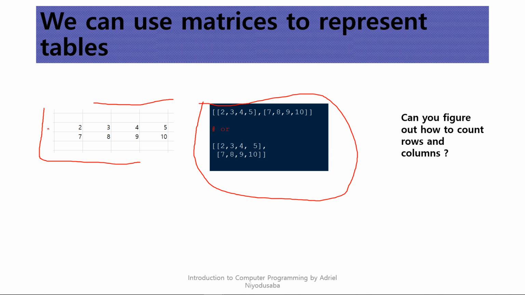Notice that we have two rows, and the rows are equivalent to sublists in our two-dimension list, and we have 4 columns: 1, 2, 3, and 4th column. These columns correspond to the items inside the sublist. So we have the first item, second item, third item, fourth item. So every sublist is a row, every item inside the sublist is a cell.